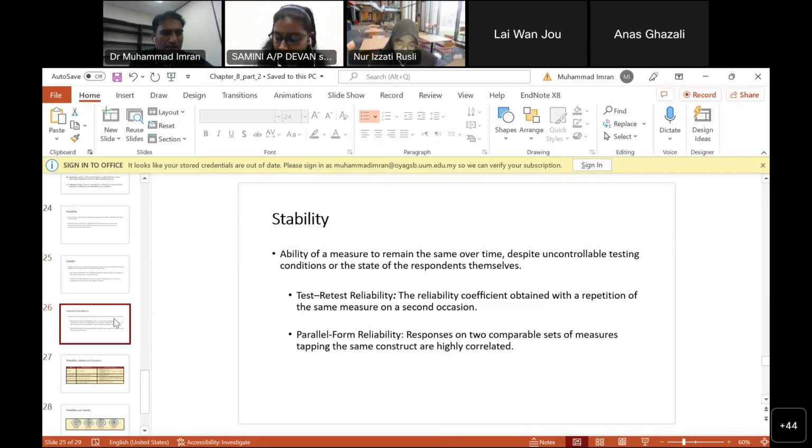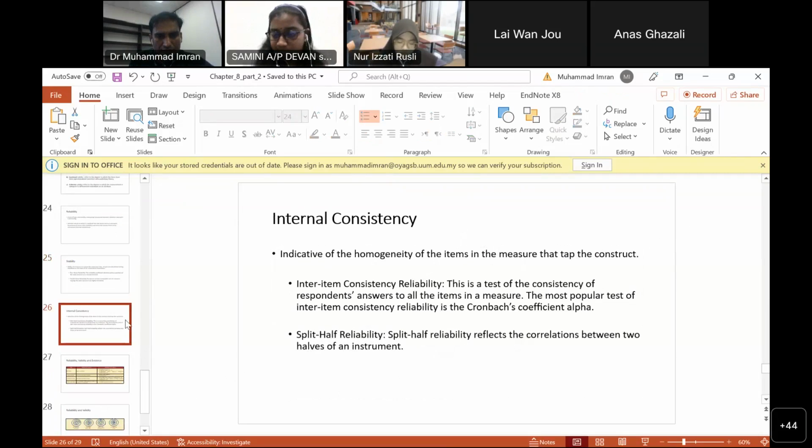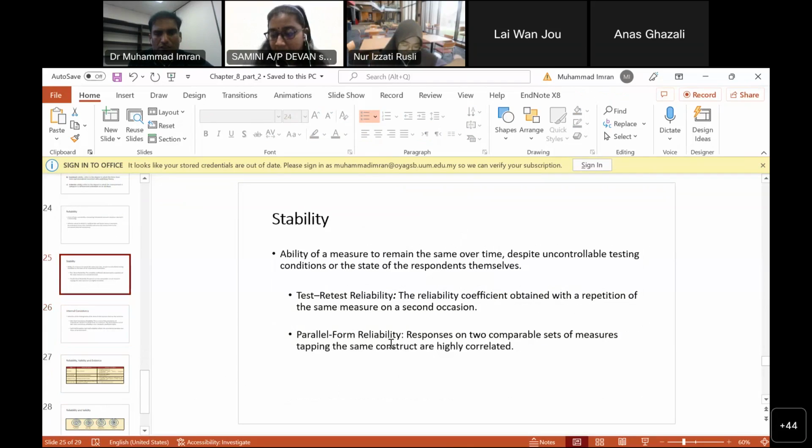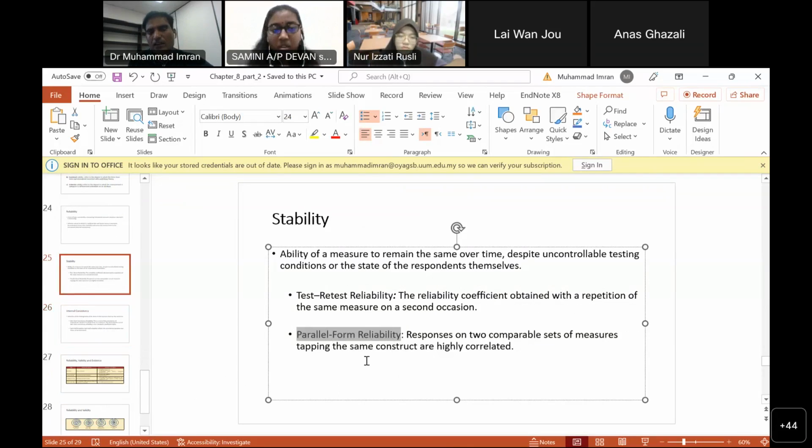Basically, for parallel form reliability, try to understand: same question, but different words. Suppose I am the same respondent.